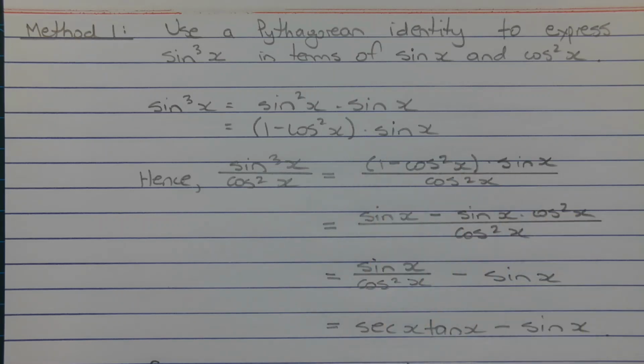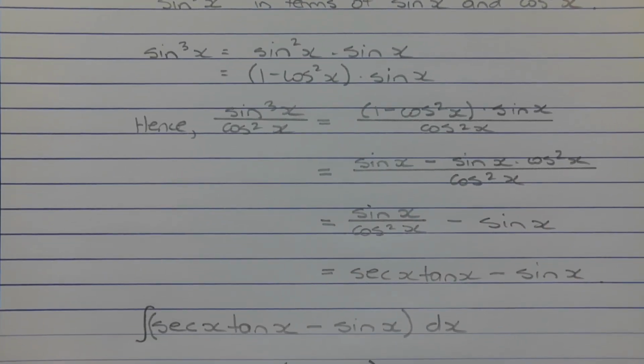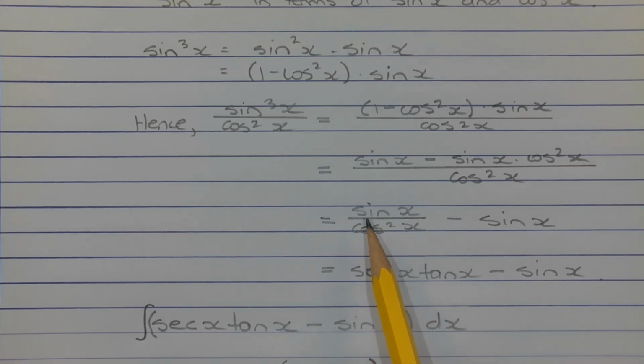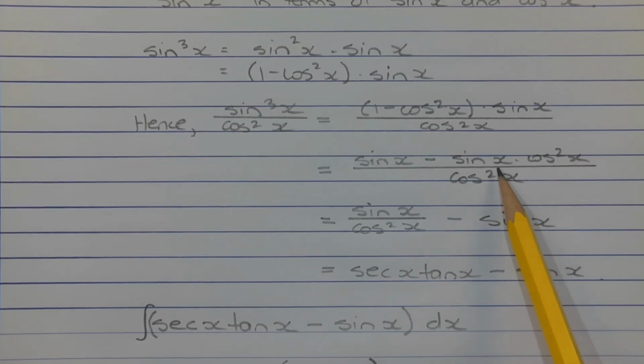Expanding the brackets in the numerator, we get sin x minus sin x times cos² x over cos² x. And that simplifies to sin x over cos² x minus sin x, since we have some cancellation here: the cos² x here cancels with the cos² x here.